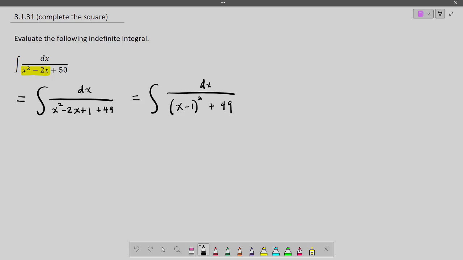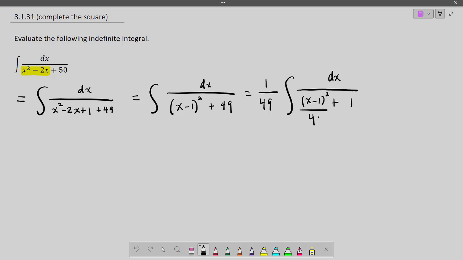And this has the form of an inverse tangent, and the way we've been doing this is to factor out that constant and make that denominator a sum of squares, in this case with a trailing 1. So we're going to factor out that 49.